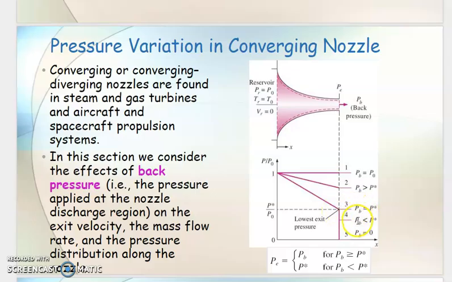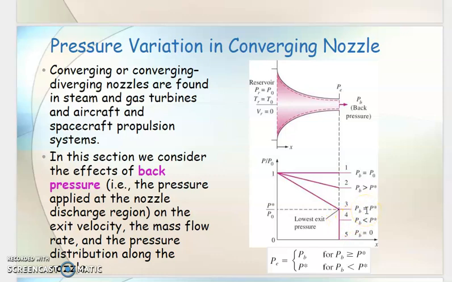When the back pressure is less than P star, your P exit is now equal to P star, even though the back pressure is lower than P star.